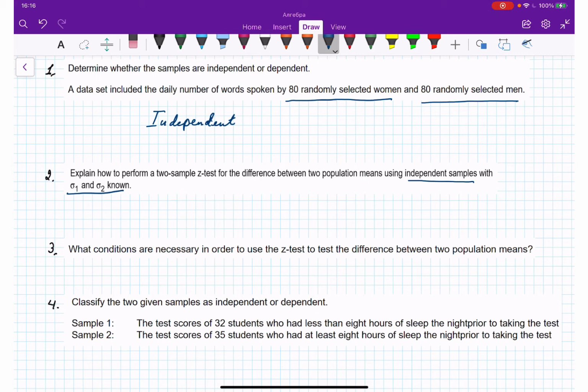First of all, step 1: identify the claim and state the hypothesis test.